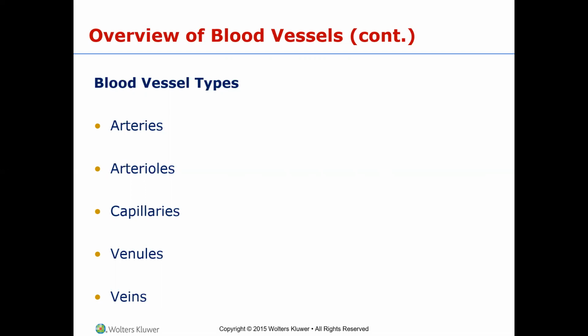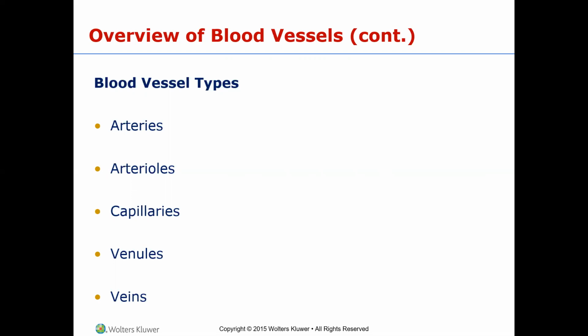So there are a few different types of blood vessels that circulate the blood through your body. First, you have your arteries, and you should remember that the arteries carry blood away from the heart, and that the arteries, as they move further and further away towards the arterioles, become smaller.